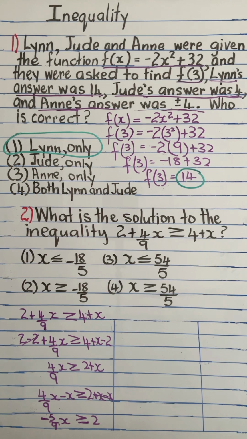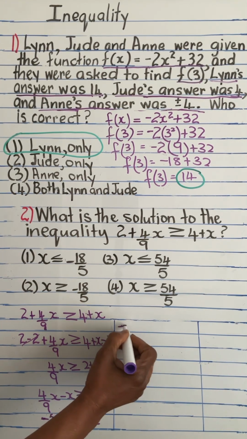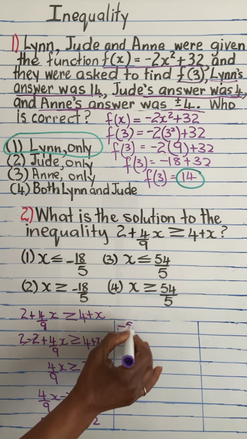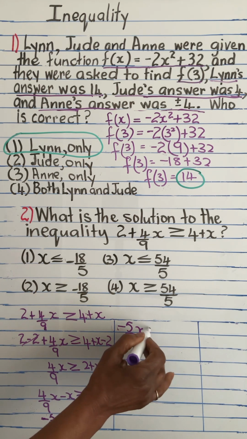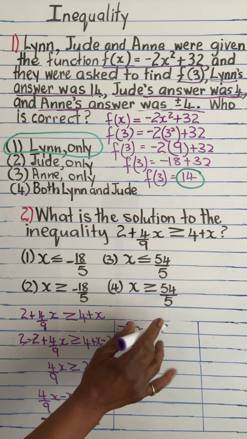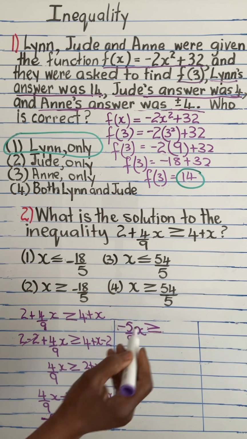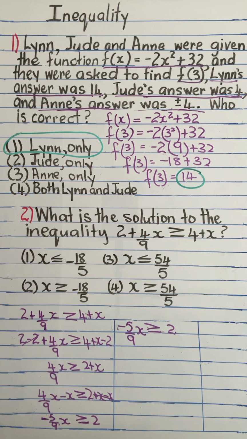Okay, so let's continue over here. It's negative 5/9 x is greater than or equal to 2. So we need to get rid of that negative 5/9.